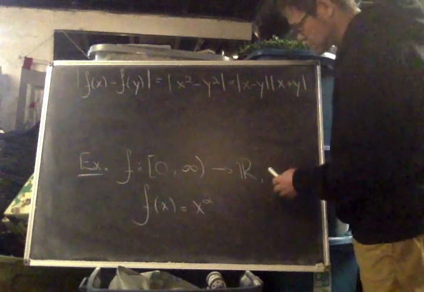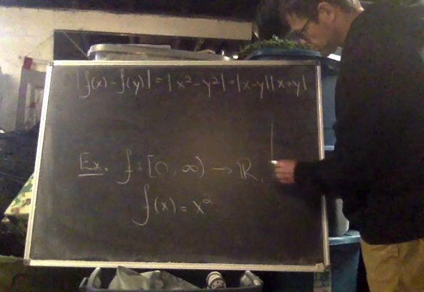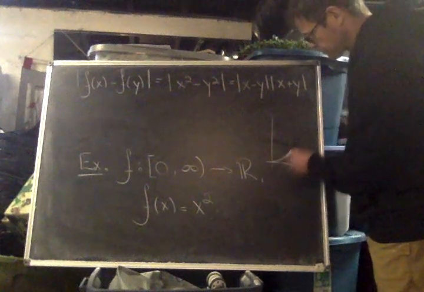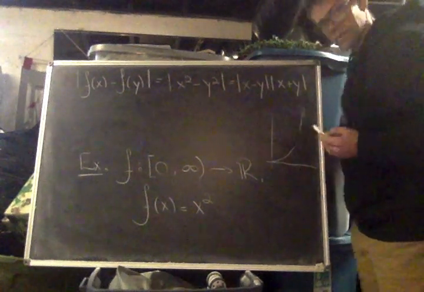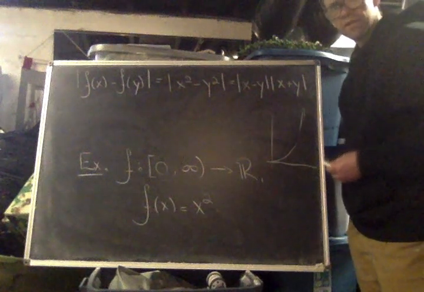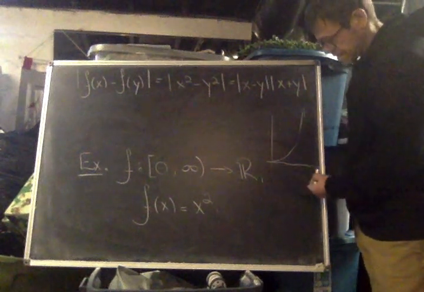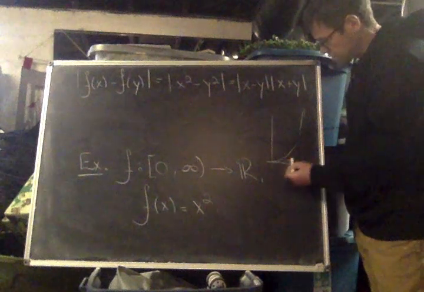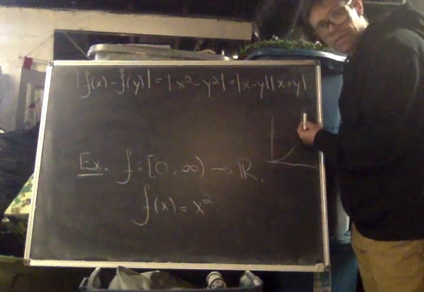Okay, and the function x squared, right? I mean, if we look at it, there it is, more or less, right? The idea is that as x gets bigger and bigger, the function gets steeper and steeper and steeper.